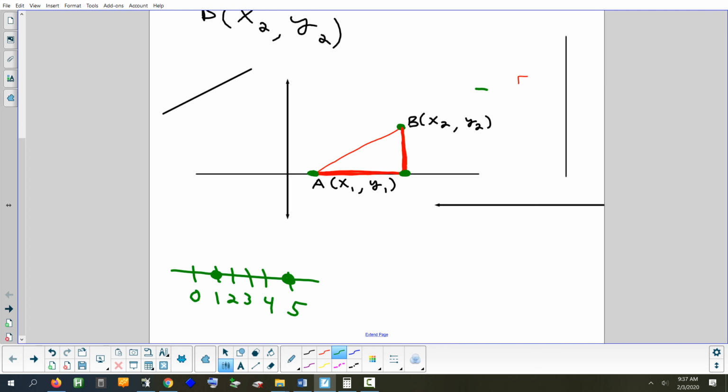I just told you I've got a point at 1, I've got a point at 5. Tell me how far apart 1 and 5 are. How do you do that with arithmetic? To figure out how far apart 1 is from the number 5. Yep. Subtraction. Anytime you want to figure out how far apart two things are, all you have to do is subtract. Okay? So to find the length of this bottom side, all we have to do is subtract two numbers.